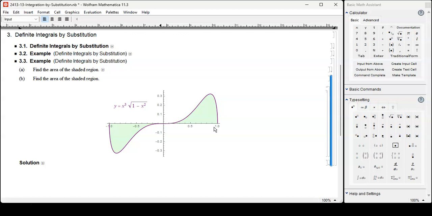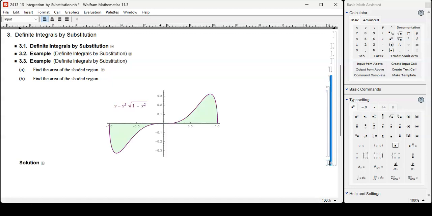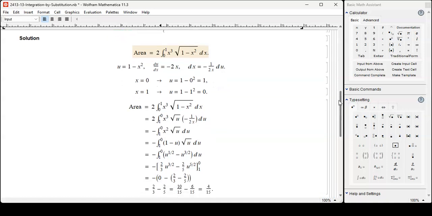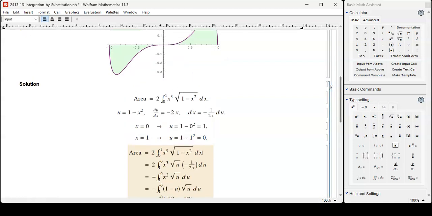Not from -1 to +1 all the way. You're going to get 0 if you do that. Oops. So that's the setup. And then you can use the integration by substitution. And then we end up with this kind of area computation. In fact, this is the very same problem we just did, isn't it? No, not really. That is actually the same.